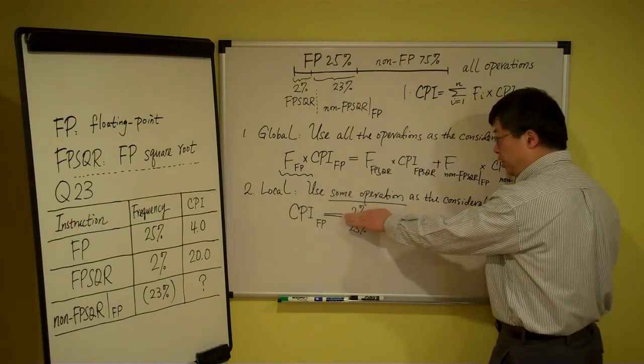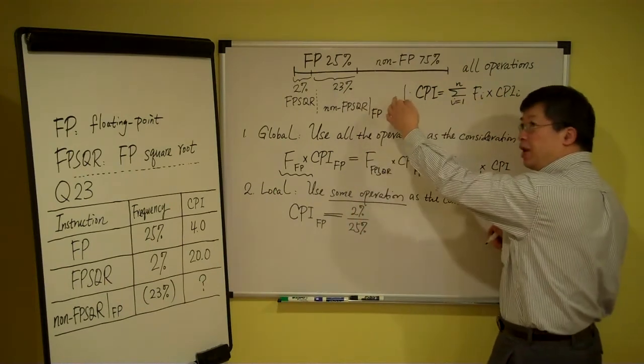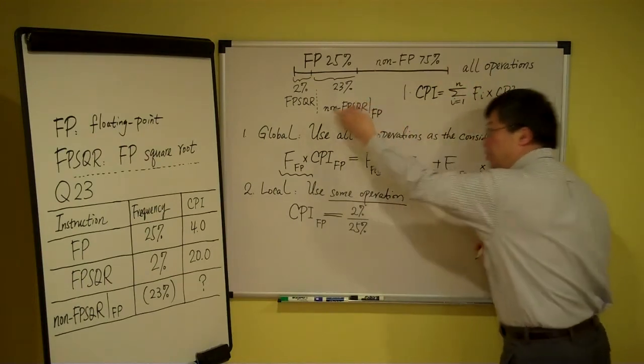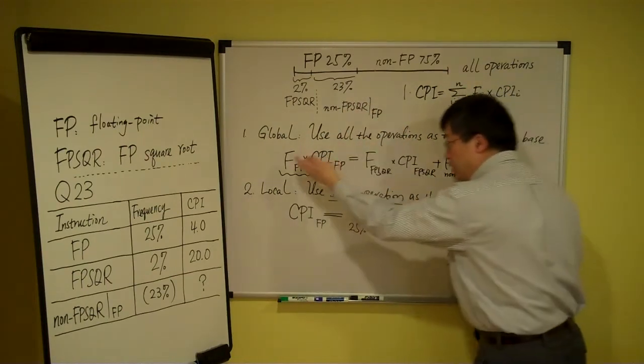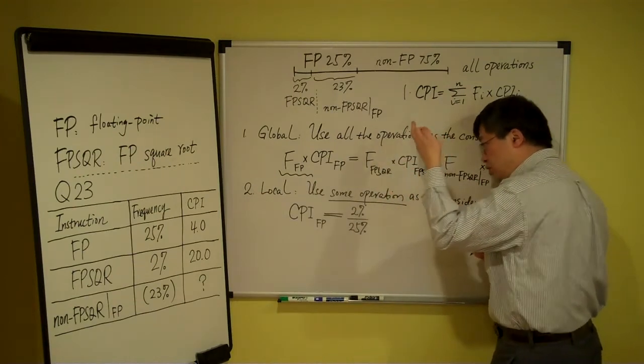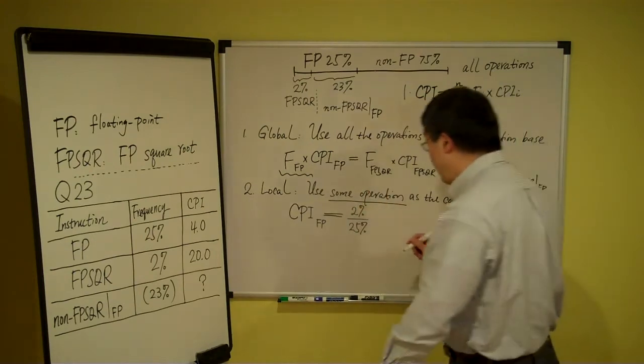Because if it's 2%, that means that's 2% of all operations. The base consideration is all operations. That's the global case. But now for the local case, we change the base consideration, so we should change the frequency representation.